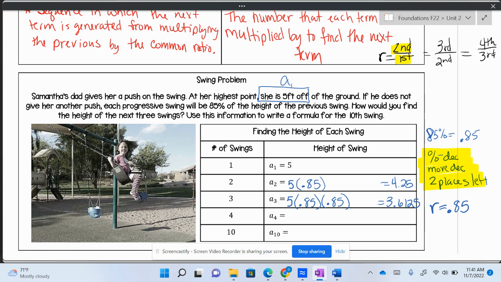Where the 0.85 came in? Okay. Put in your calculator 85% of 5, because of means multiply. You have to read the words up the top. The swing will be 85% of the height. Okay. Let's do the fourth one. Let's see. 5 times 0.85. That's the first. That's the second.